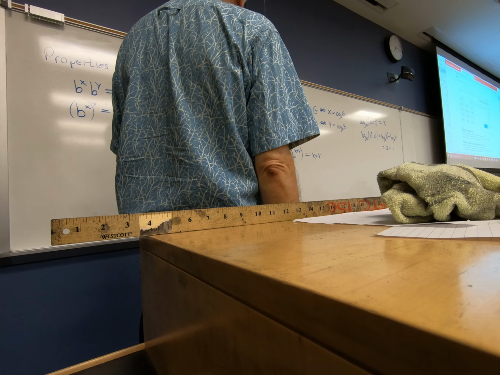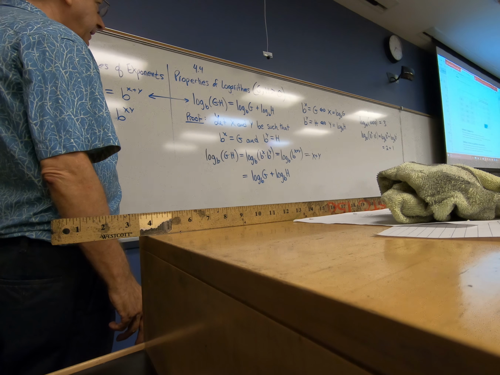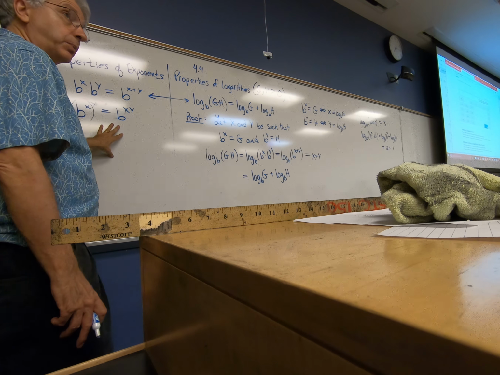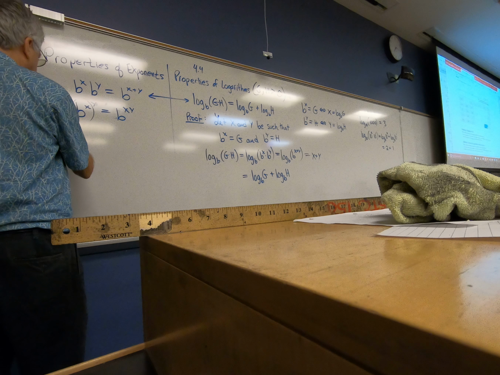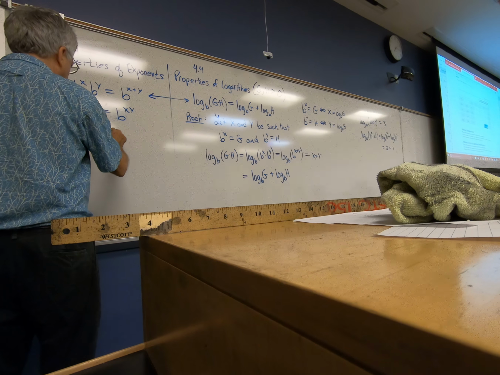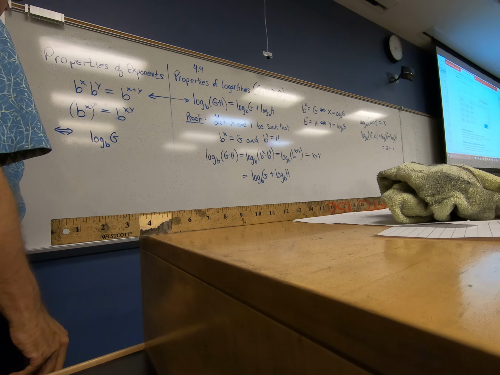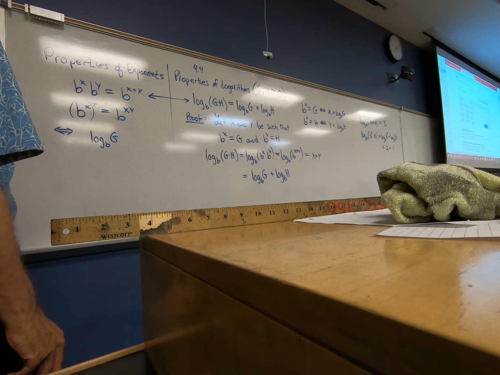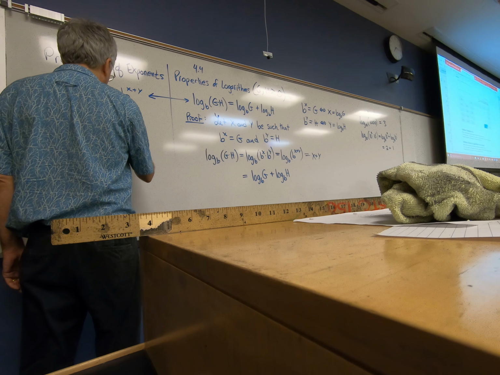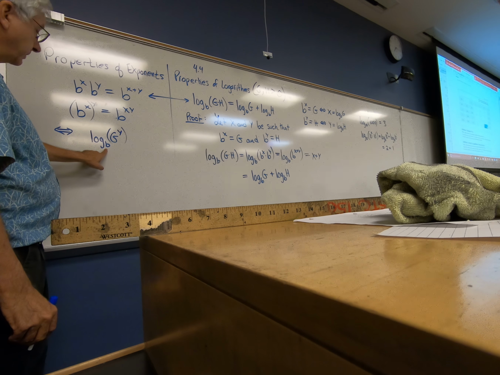All right, so how about this other one? Can we also prove that one? Well, let's save that one for next time. But it's kind of handy. So what's the equivalent logarithm? Well, this says that log to base B of G to the Y. Yeah, let's say G to the Y. So I'm taking G, raising it to the power Y, and then taking the log to base B of that, right?